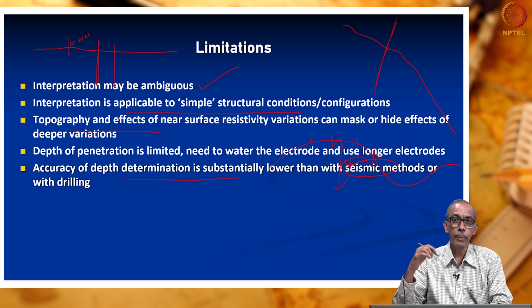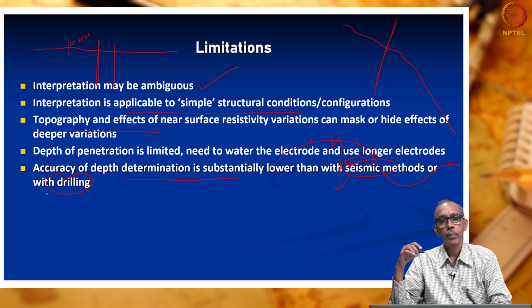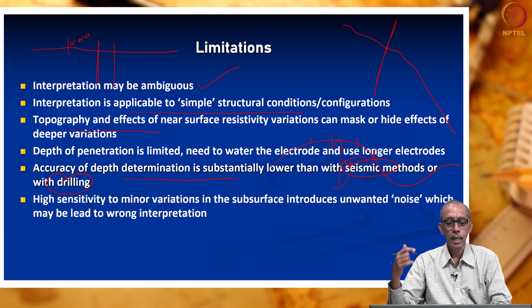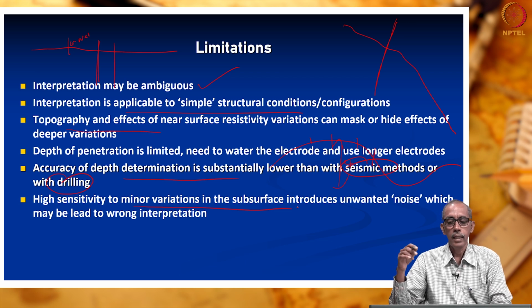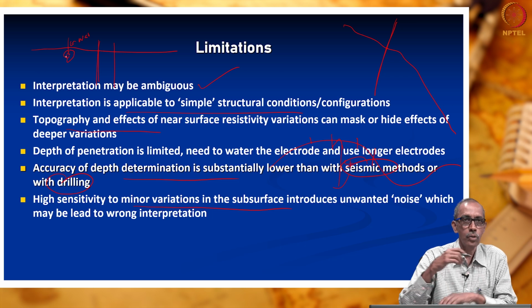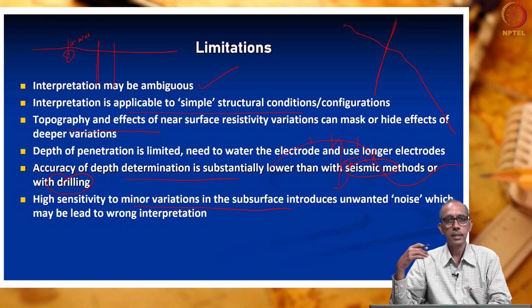So, we need to compare and correct ourselves with the borehole log obtained by drilling methods. It is also sensitive to minor variations in the subsurface, especially beneath one electrode we may have a clay zone or a buried boulder. All these things will lead to some noise and error in the interpretation.